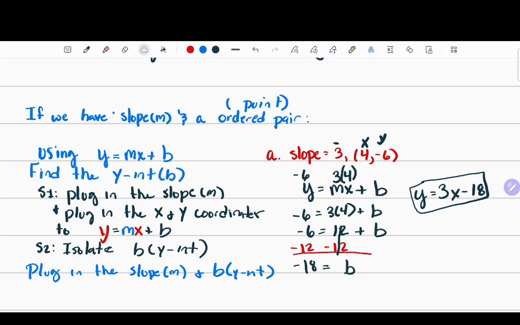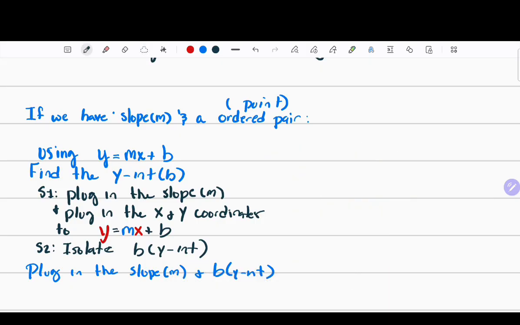All right. Let's do it again. Let's say we have another problem, problem B. It's going to say find the equation of a line that has a slope of -7 that passes through points 2, -3.